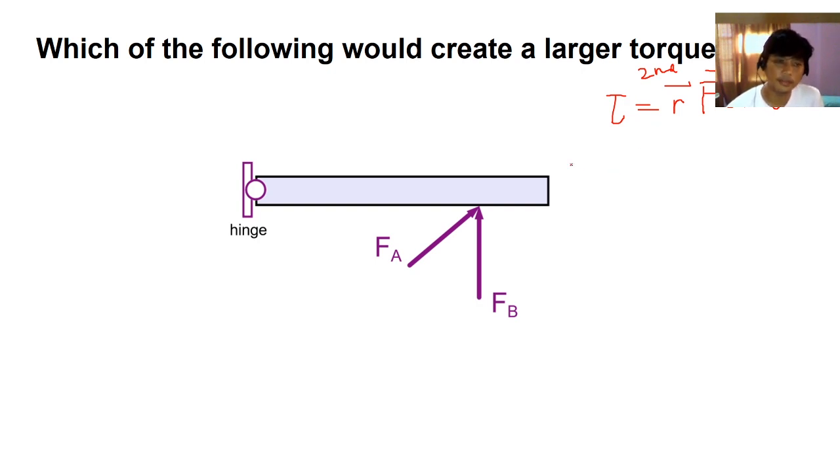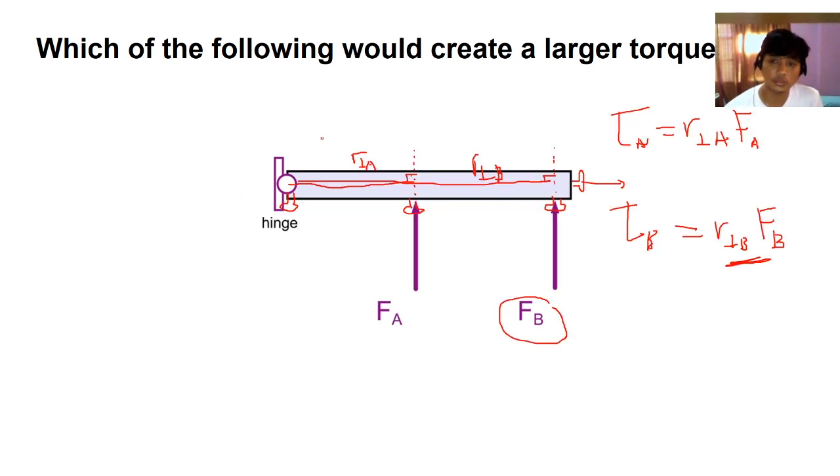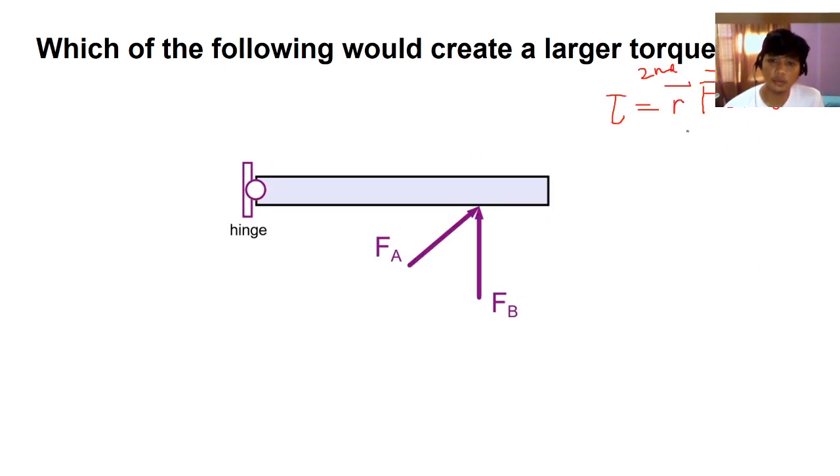So if I haven't emphasized it enough, there are two ways to measure torque. This is the first formula, which involves the moment arm, and this is the second formula, which involves the position vector. And I'm going to draw the position vector. It's from the hinge to the force, right? This is position vector A, and apparently position vector A and position vector B are the same length.